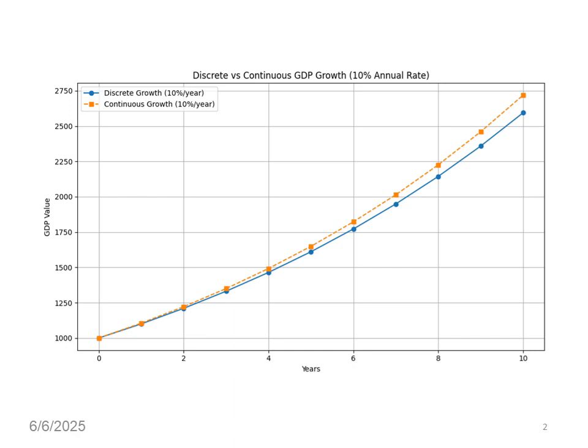GDP growth. We can calculate GDP growth in two ways, that is discrete versus continuous GDP growth rate.